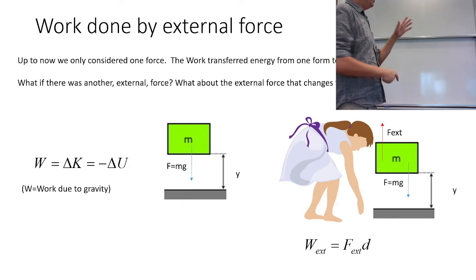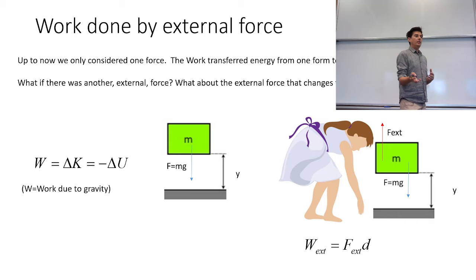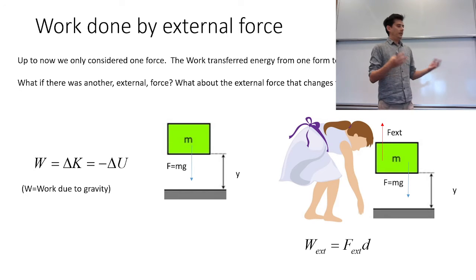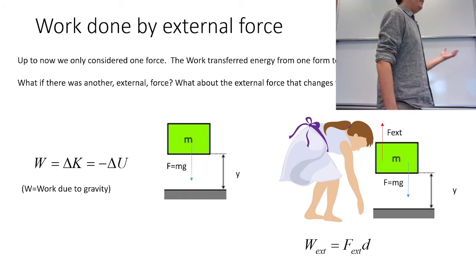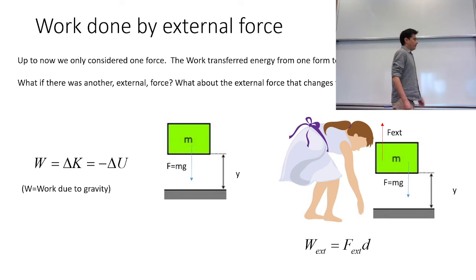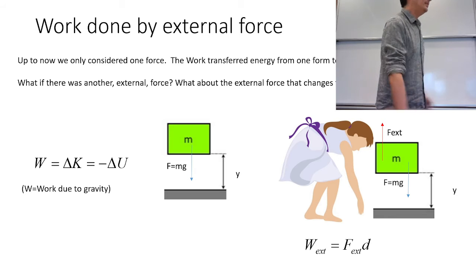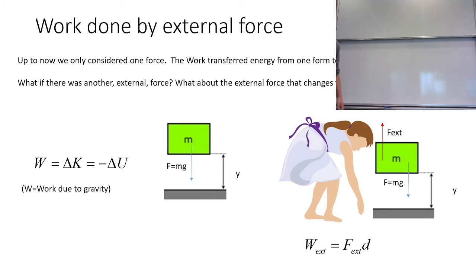So up to this point we were just talking about how you can exchange between, say, kinetic and potential energy, and the work was the energy that was transferred between the two. But of course some energy could actually come in from the outside and contribute to an overall gain or loss of the energy of some particular system.